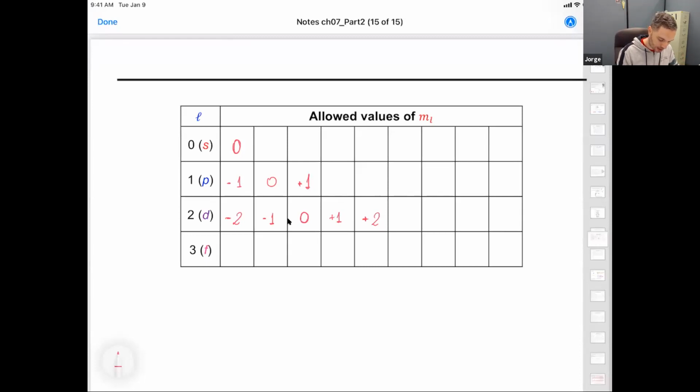And last that we are going to do here is the f orbital, minus 3. That's the minimum. And that goes all the way to plus 3. Okay, minus L all the way to plus L. Minus 3, next one is minus 2, minus 1, 0, plus 1, plus 2, and plus 3.